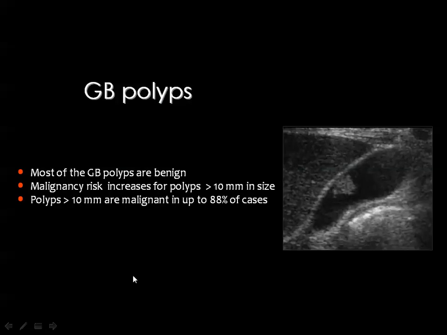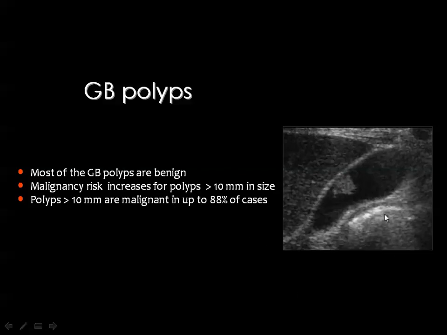Then we came to the issue of gallbladder polyps, and you should know that most of the gallbladder polyps are benign, and they are made of cholesterol in most of the cases. And in order to predict that a polyp is malignant, the polyp size should be above 1 centimeter, and the wall adjacent to the polyp is considerably thickened.